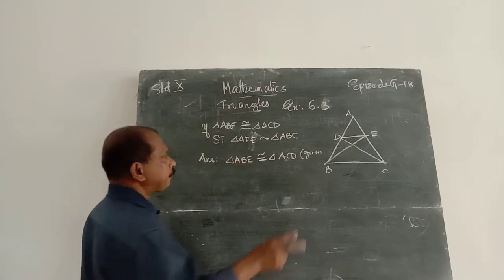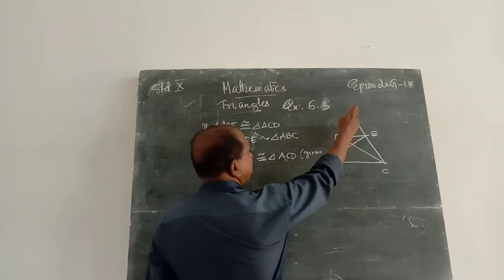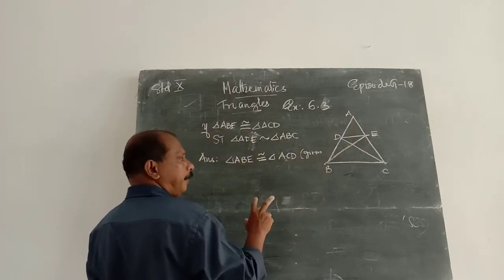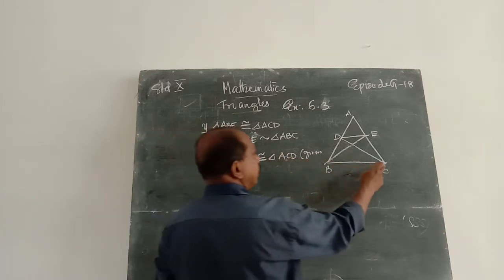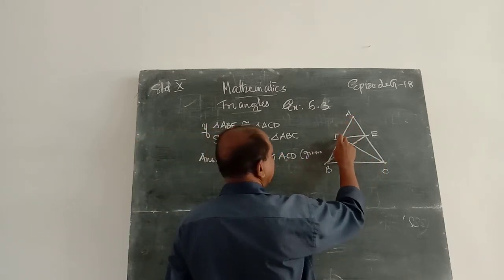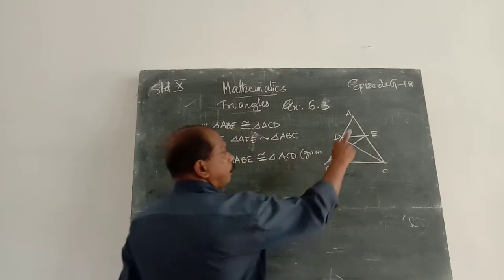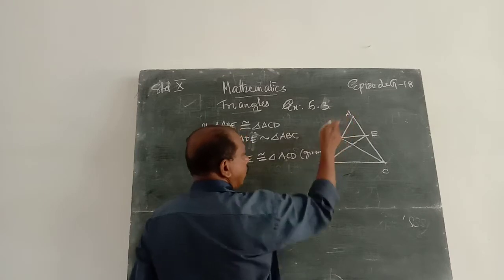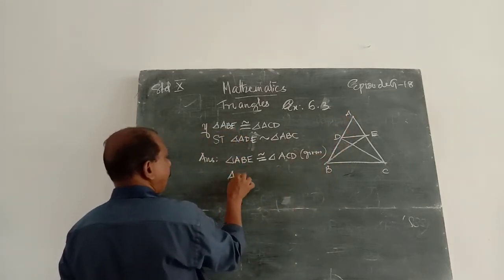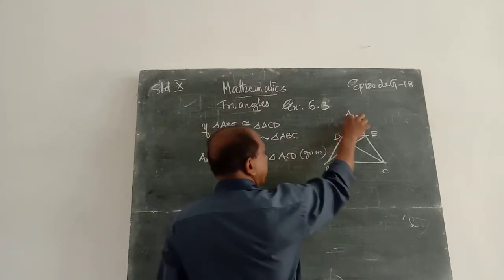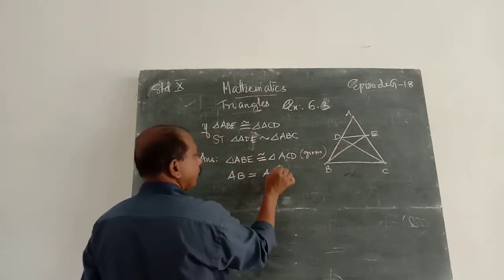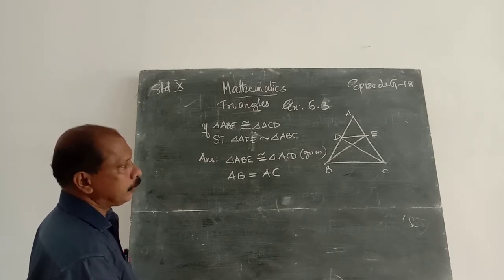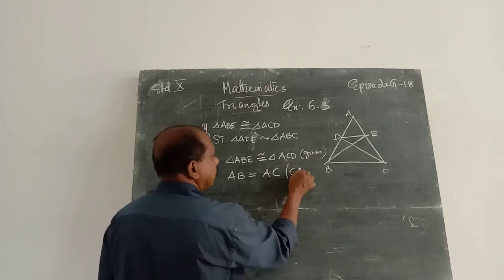That means ABE and ACD are congruent. That is given. Therefore, AB is equal to AC.